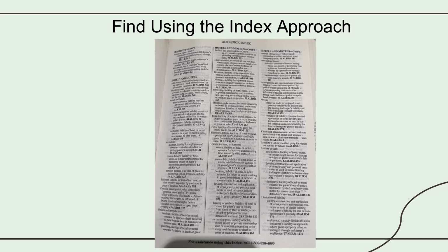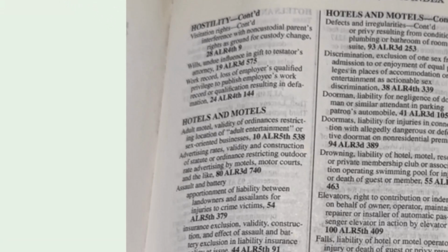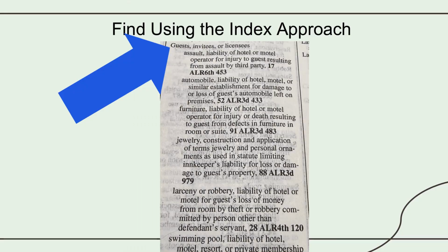Well, if you go to the index, and let's say you look up hotel and motel, then under hotel and motel, you look up guests, and the very first annotation under that is on point: assault, liability of hotel operator for injury to guests resulting from third person.